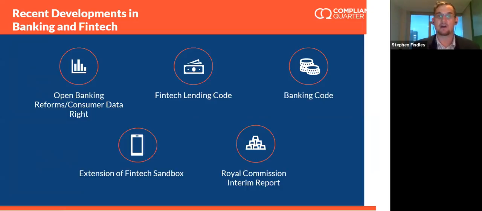So the next thing I wanted to mention was, of course, the FinTech Lending Code, which I'm going to discuss in detail. But this comes out of a joint report, which was issued earlier this year by the Small Business Ombudsman, the Bank Doctor, and FinTech Australia, jointly observing that there weren't sufficient protections for small businesses when it came to lending by online outfits.